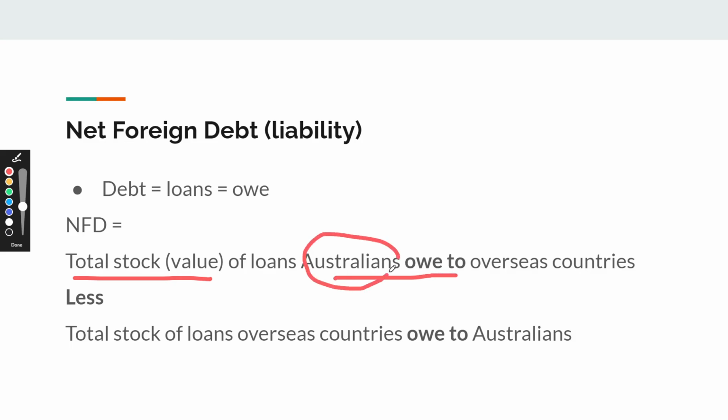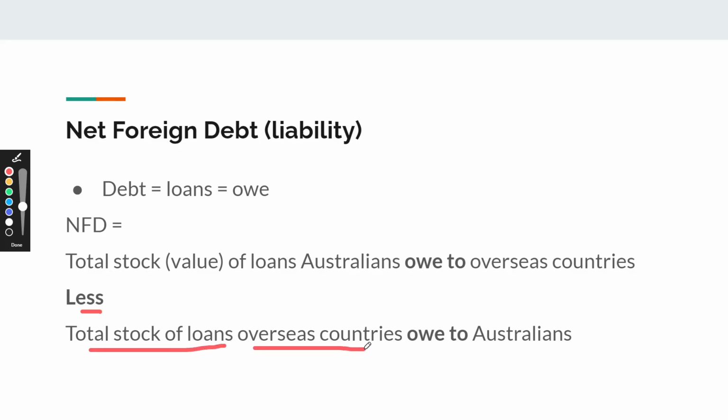Now, when we say Australians, we don't care who. It could be households, businesses, or governments, but the total amount of loans owed overseas is the first part, and then it's less, because we're looking at net foreign debt, less the total stock of loans that all different overseas countries owe to all different Australians.